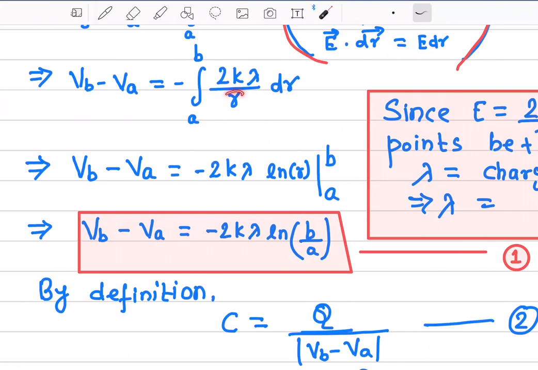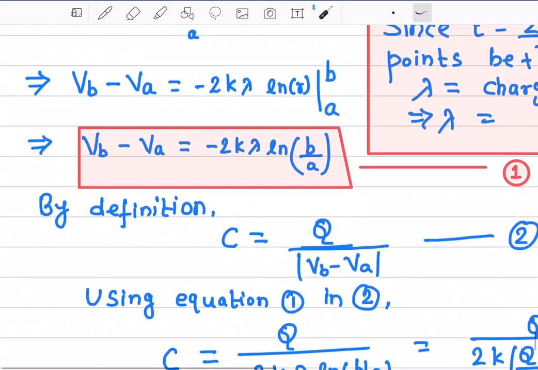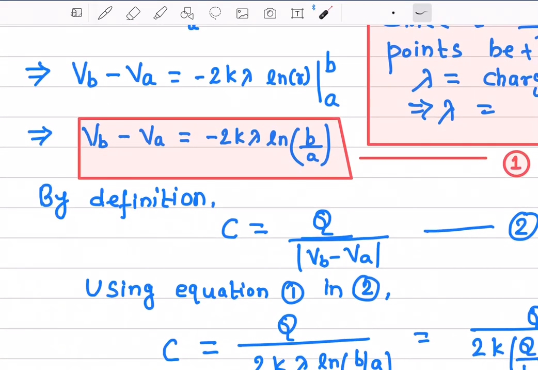The only variable is R. And the integration of 1 over R is ln R. And the limit is from A to B. Once you put in the limit, what you get here is ln B over A.